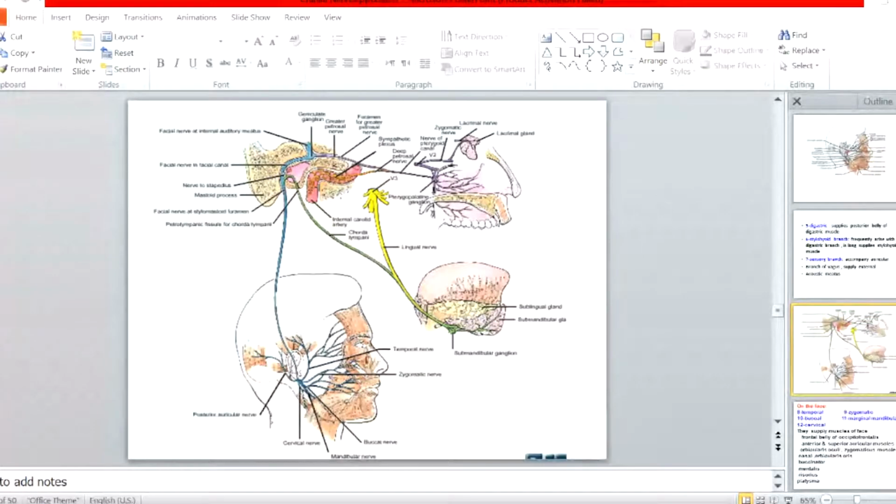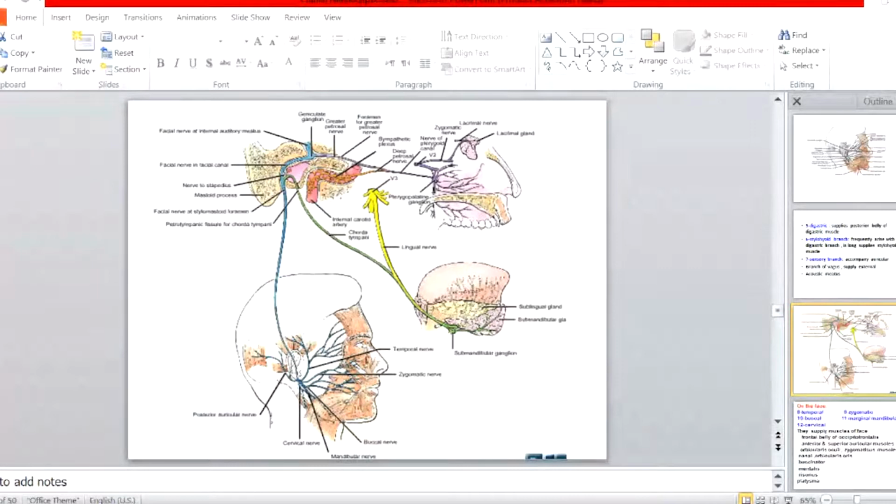The sensory supply emerging from the ganglia gives rise to a few small sensory twigs for the supply of the middle ear cavity and part of the external acoustic meatus. So the first one is the sensory branch for the middle ear cavity.